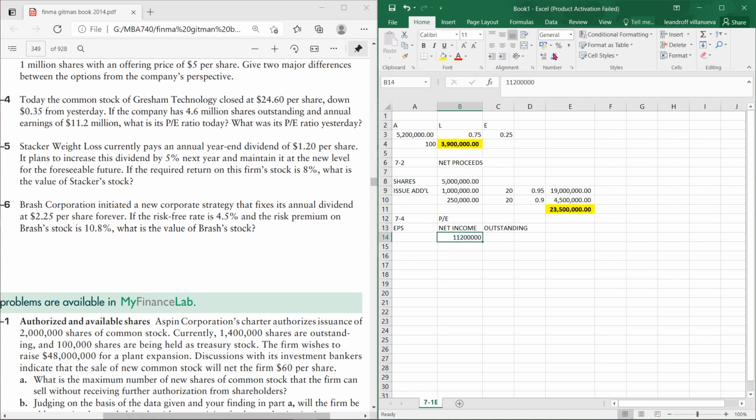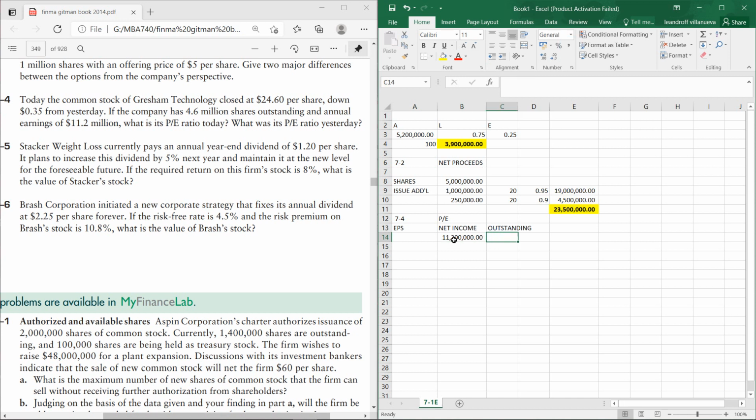And do we see the outstanding shares here? The company has 4.6 million shares outstanding. So, 4.6 million shares outstanding.